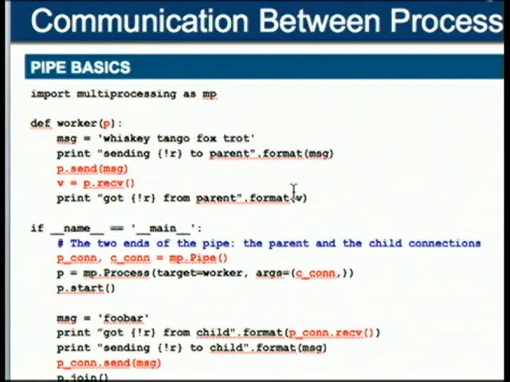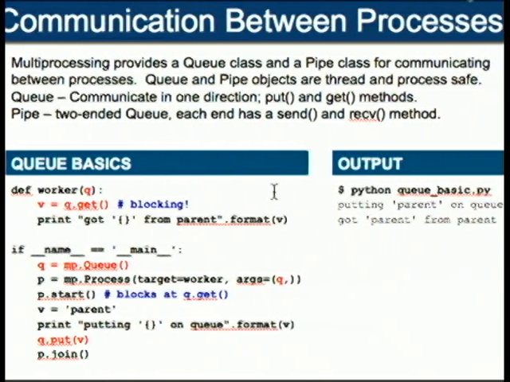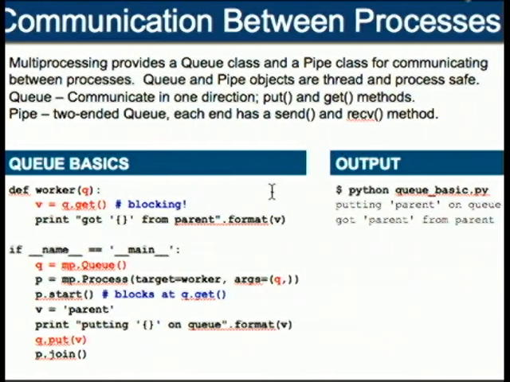I apologize for going this quickly for time constraints, but this is just to show you that you can have inter-process communication using queues inside of multiprocessing. But everything's going to be serialized and sent over the wire, over some communication layer, whether it be IPC, things like that. So it's not for free.